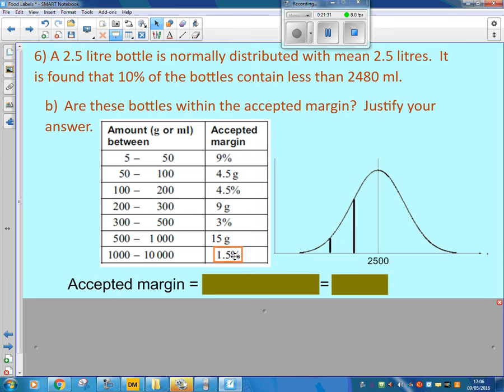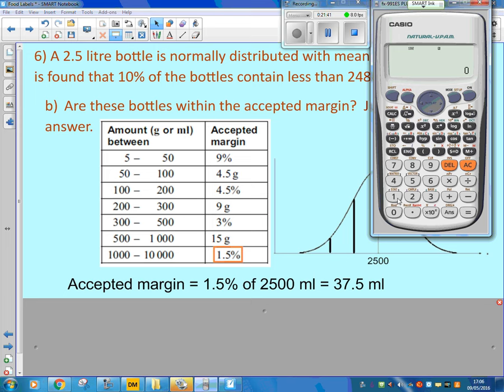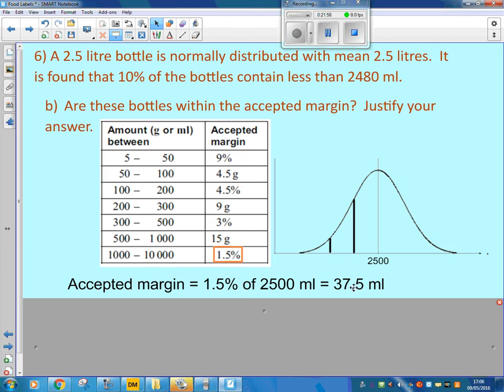So the accepted margin is 1.5% of my 2,500 millilitres, and that is 37.5 millilitres. Let's check that. 1.5 multiplied by 2,500 divided by 100 equals 37.5 millilitres. Okay, so we're allowed to go 37.5 millilitres each way.